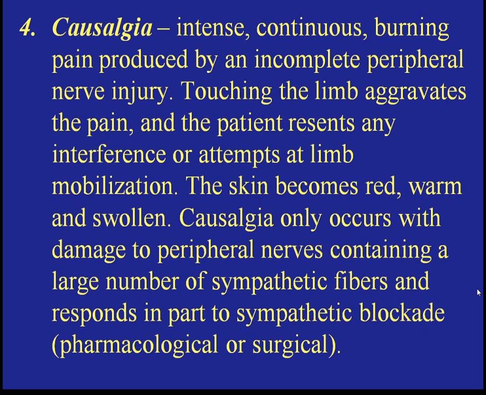Causalgia only occurs with damage to peripheral nerves containing a large number of sympathetic fibers and responds partly to sympathetic blockade, pharmacological or surgical. What nerves can give causalgia? Trigeminal, medianus, and ischiaticus.